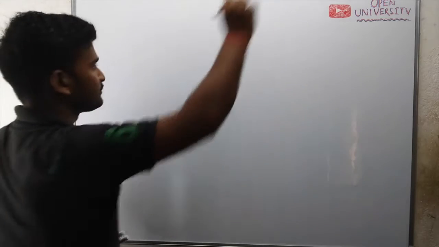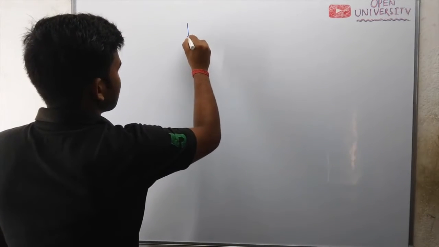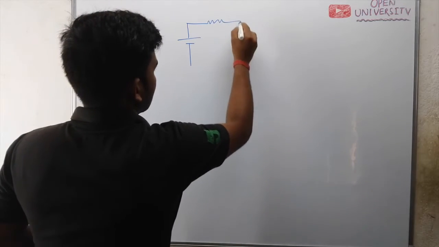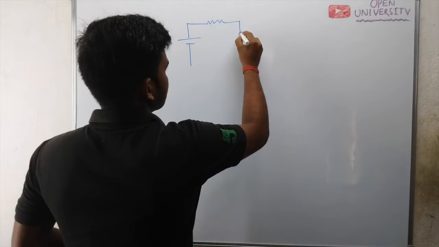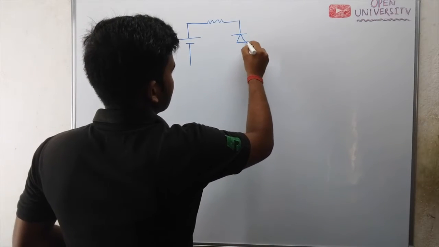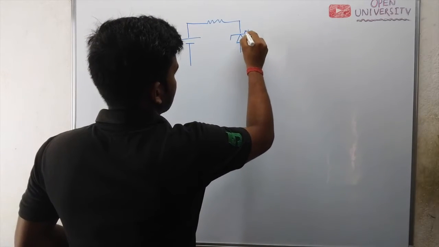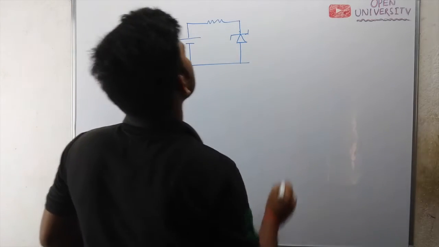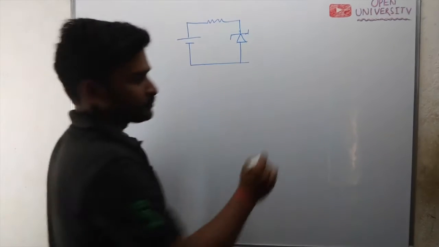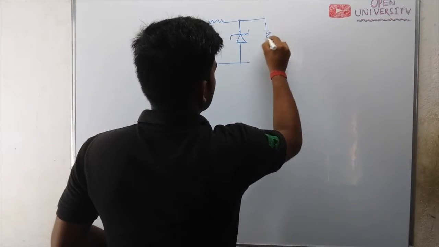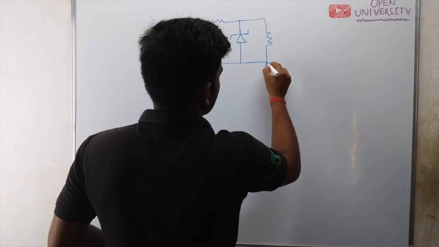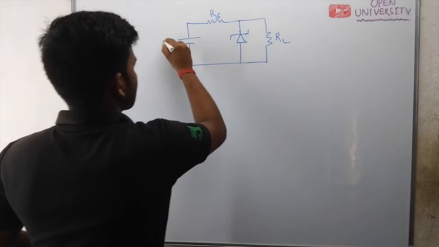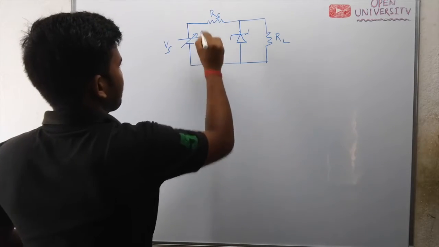Draw the diagram. This is your RL, this is your RS, this is your VS. Okay.